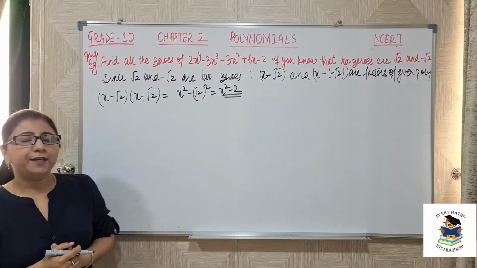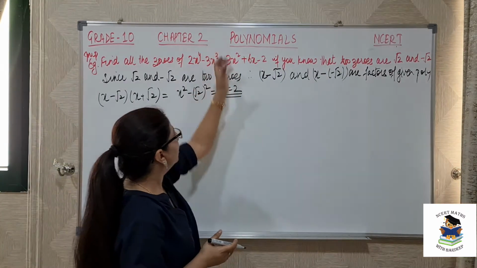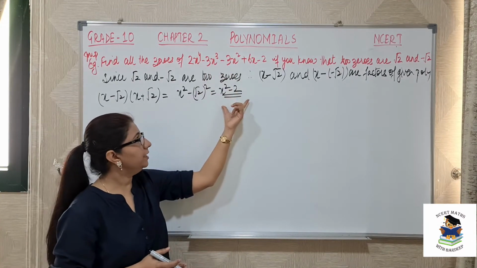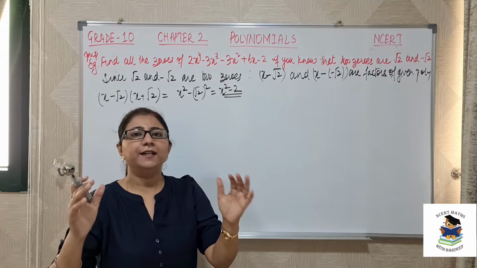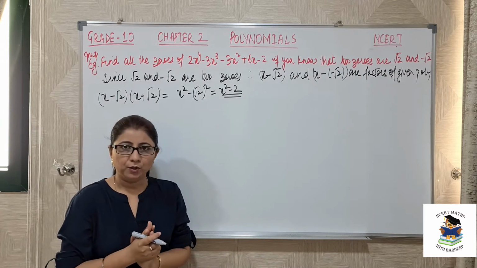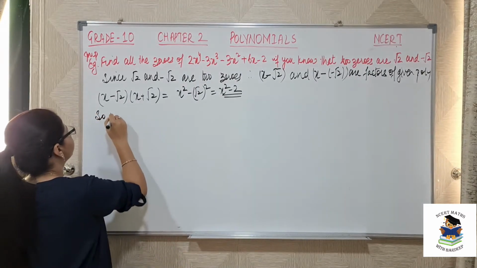So in order to find the remaining zeros, we will divide our given polynomial with this. Once we divide this with this, the quotient that we will get is the second factor of your given polynomial. So let's see what to do.